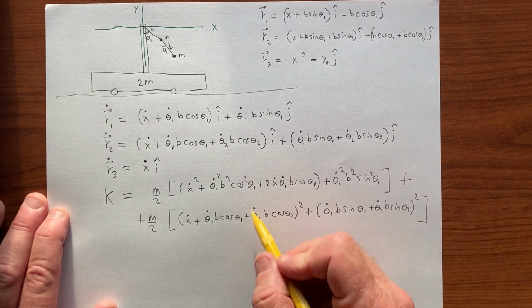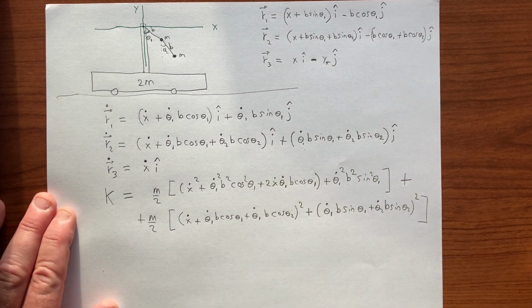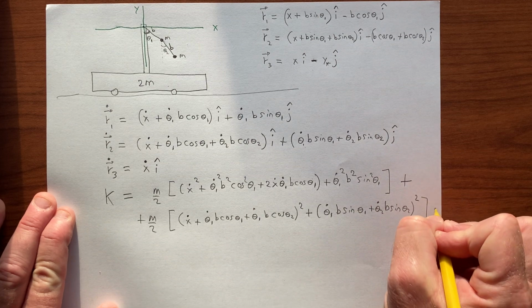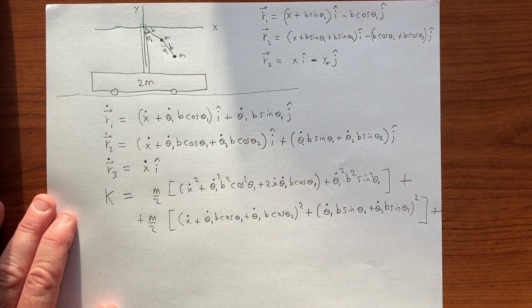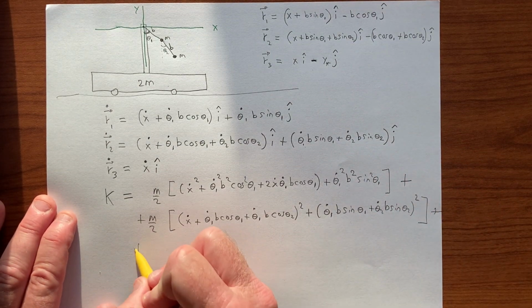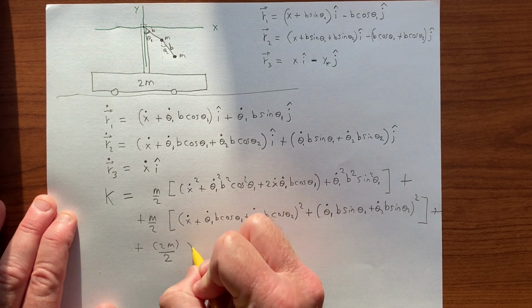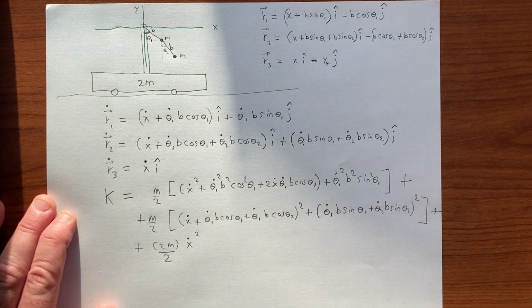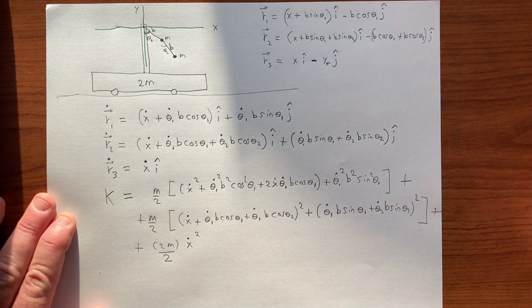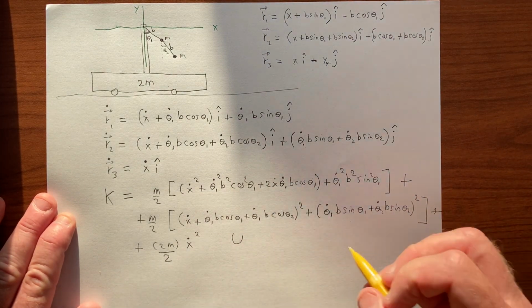That is the x dot squared and the y dot squared. Plus, the last one is simple. We have 2m over 2 times x dot squared.